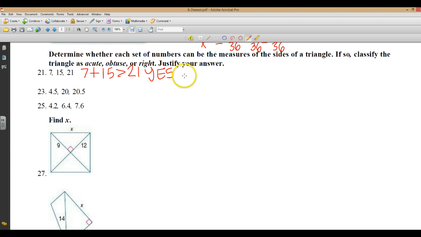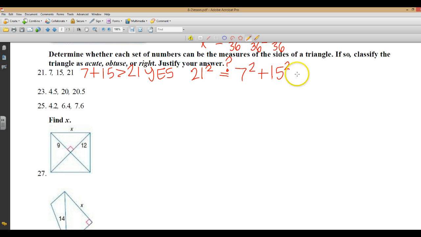And to figure out what type of triangle, we want to take our longest side and then see if that's equal to, less than, or greater than the shorter two sides squared and added together.